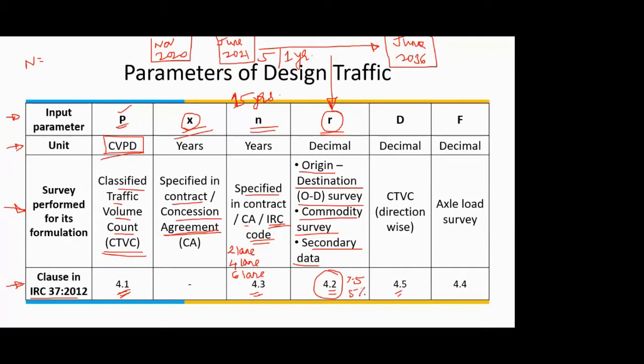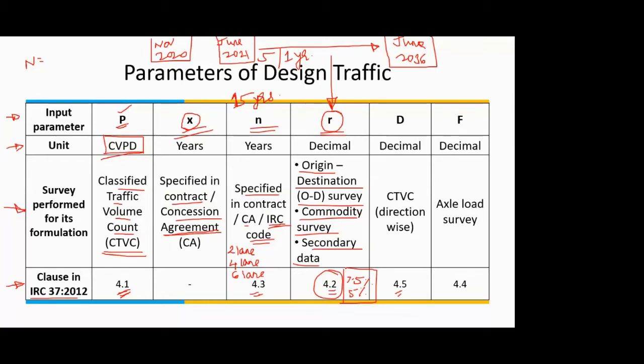Now, these values are just given as a guideline. They are never used in the actual field. Okay? In the actual field, if you do a pavement design, and if you consider these values of 7.5 and 5, directly there will be a question from the client or any governing body over there that how did you come up with this percentage.